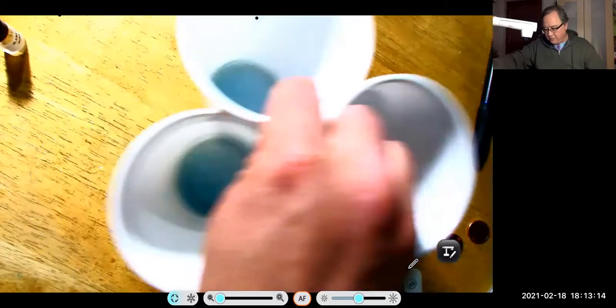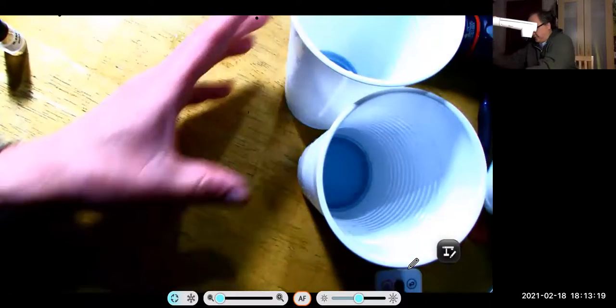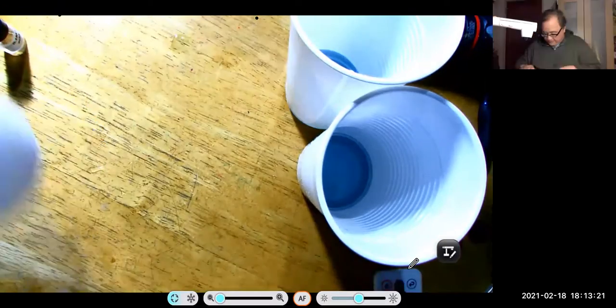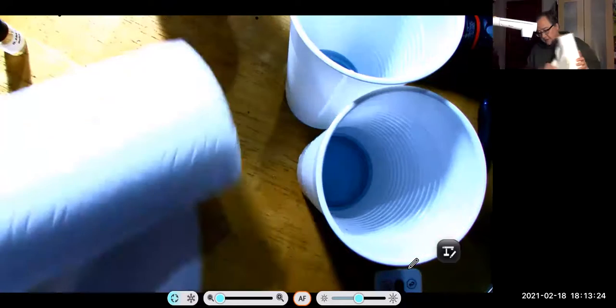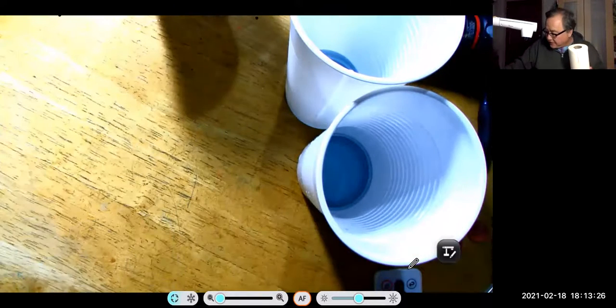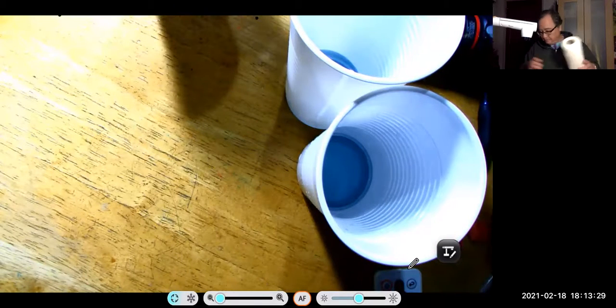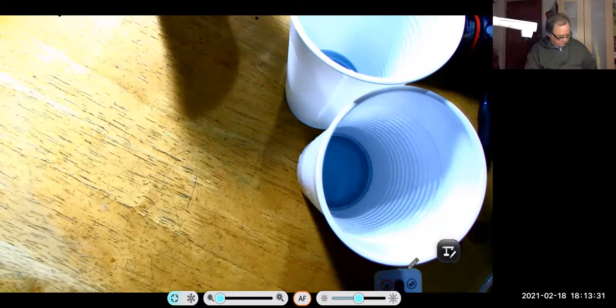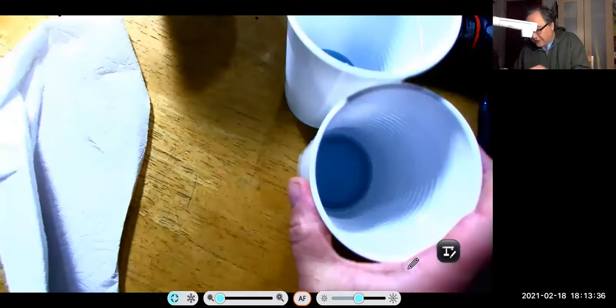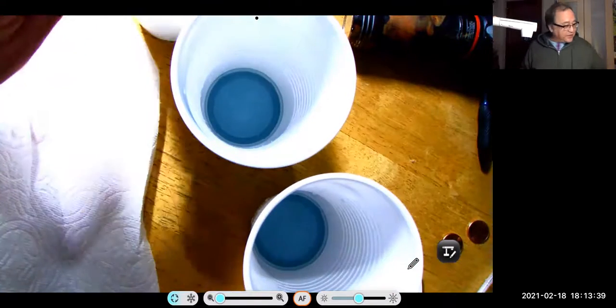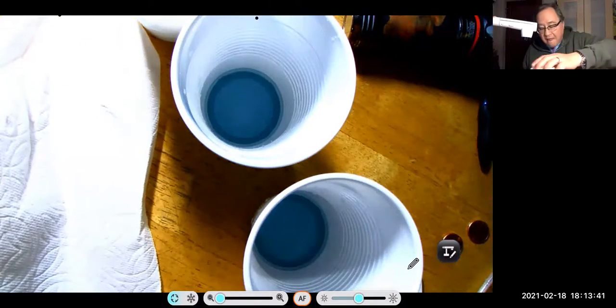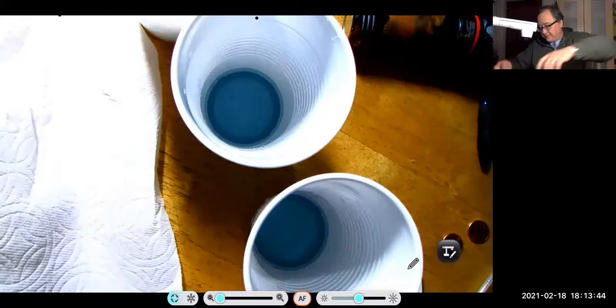I've got my paper towels here so I can dry things off. I dumped some of the stuff out of one of these containers, so I have to add a little more to it. Okay, I'm going to put those off to the side so that you can see the acids and the bases.